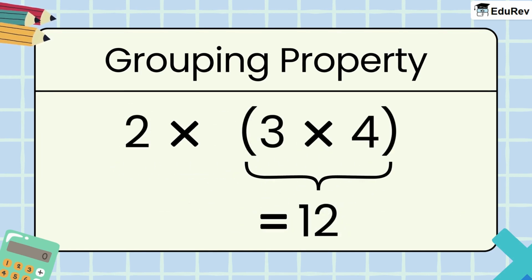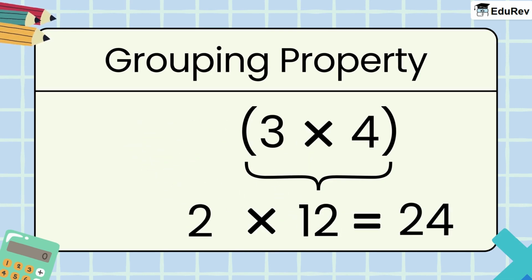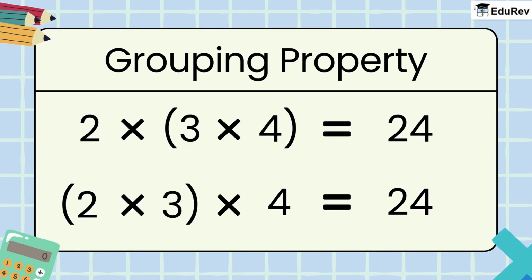Now, if we group 3 and 4, and multiply it with 2, it becomes 2 times 3 times 4. That is, 3 times 4 equals 12. And 2 times 12, that is, 24.